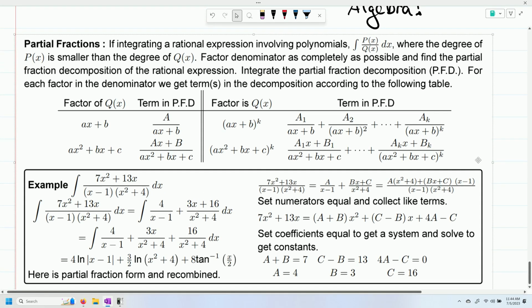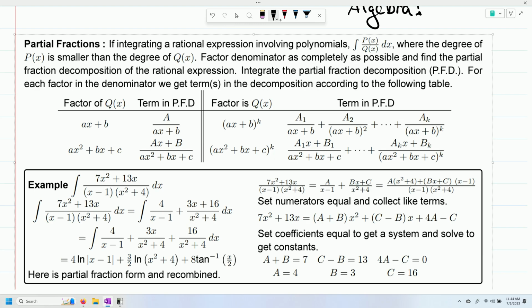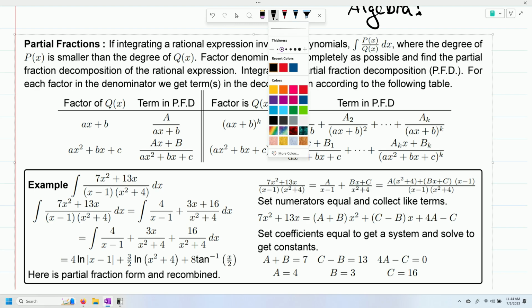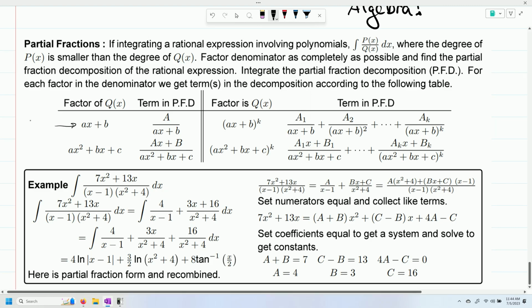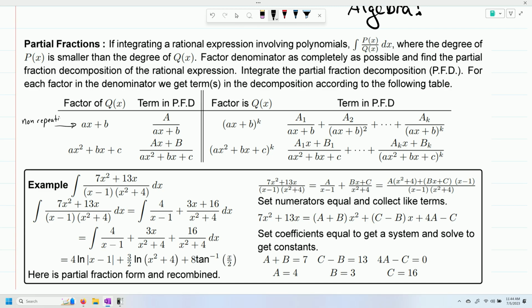I think that looks pretty good. And the reason why I want to go over this is because if you notice, right here we had non-repeating linear factors. But notice that's not the only one that we can run into.